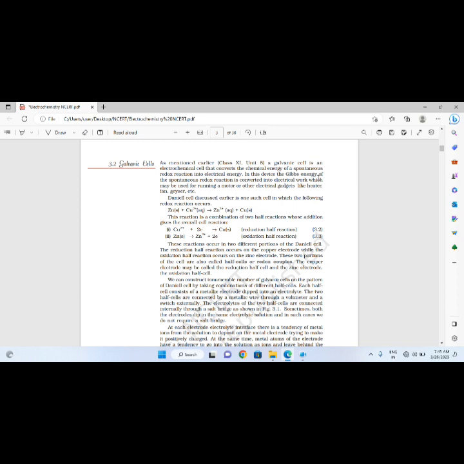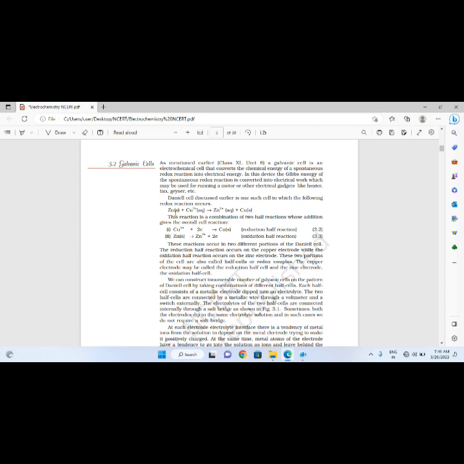That means if the Gibbs energy is negative, the electrochemical reaction is feasible, and if the Gibbs energy is positive, it means the chemical reaction will not occur. We have to put in an external potential to make the chemical reaction occur.